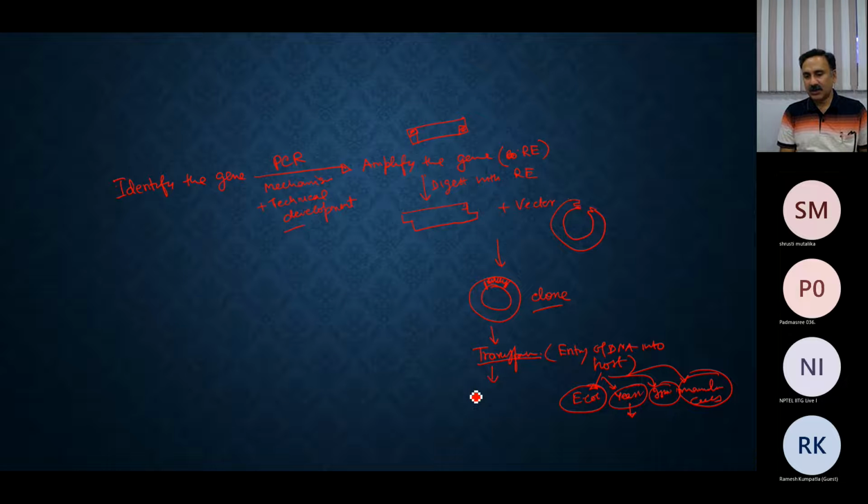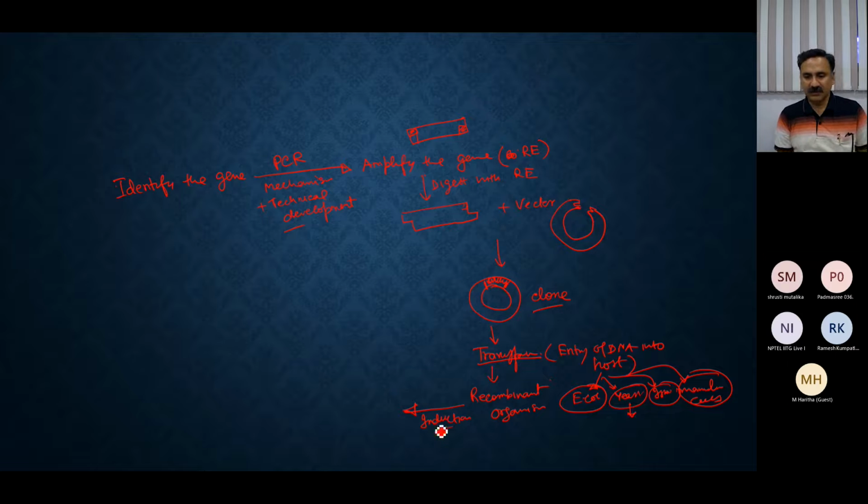Once you do the transformation, you get the recombinant organisms, which harbor the gene of your interest. Then you do the induction, depending on which host you use. For example, if you use the IPTG-based induction system, you use IPTG for induction, and it gives you the protein of your interest, plus the cell lysate proteins.